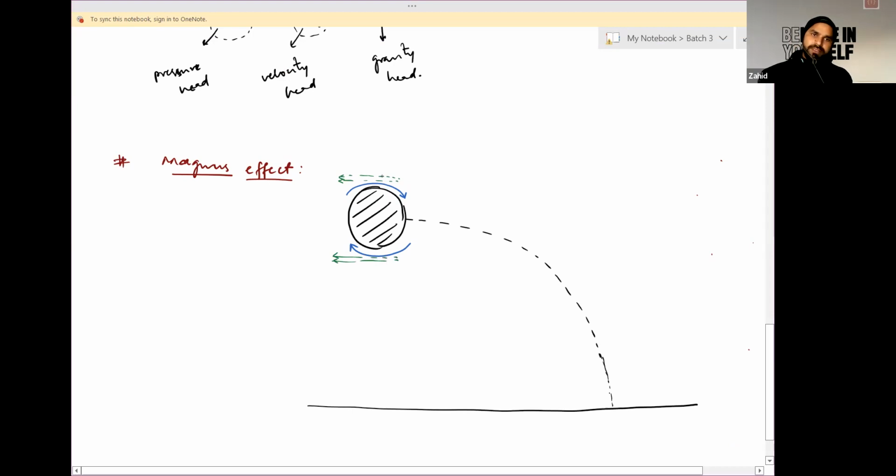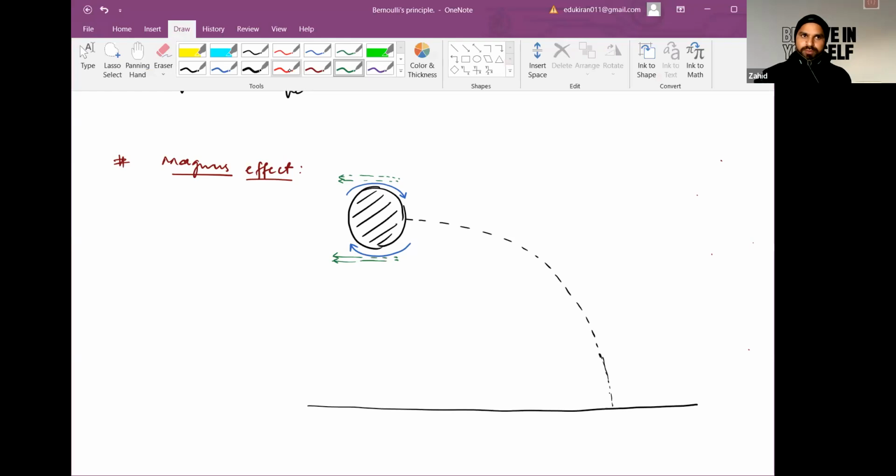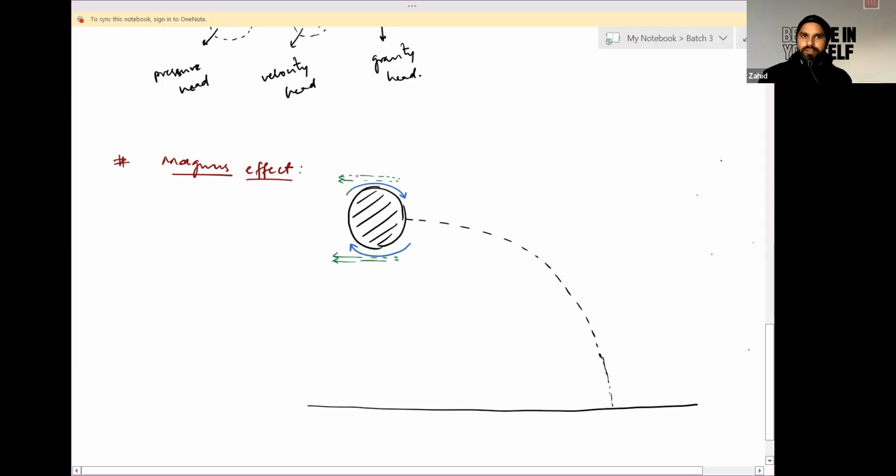Now, at this topmost point, since the velocity of air is in the backward direction and the velocity of spinning of the ball is in the forward direction, these two velocities will get subtracted. So velocity will decrease. And at the bottom point, since the direction of these two motions is the same, they will add up. So velocity will increase.